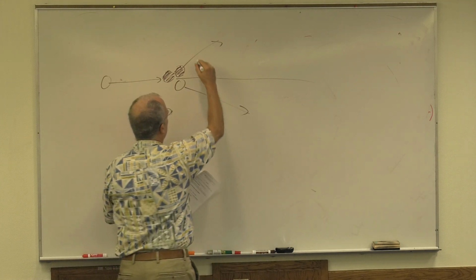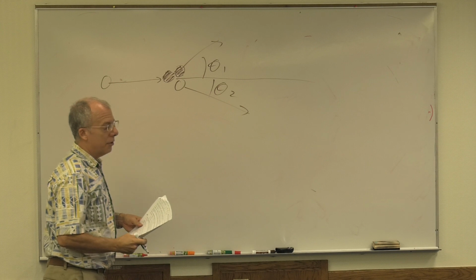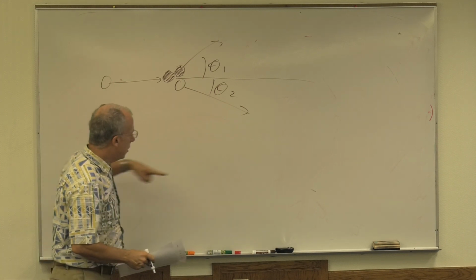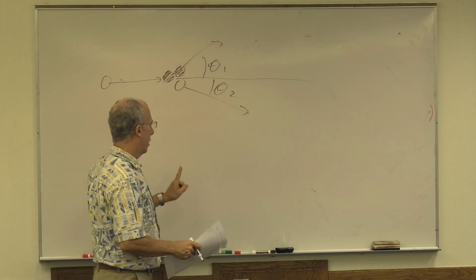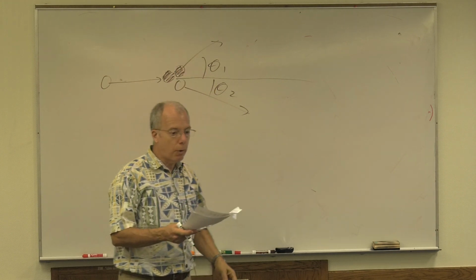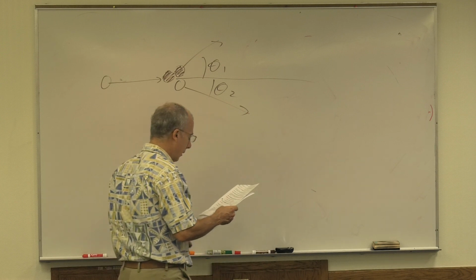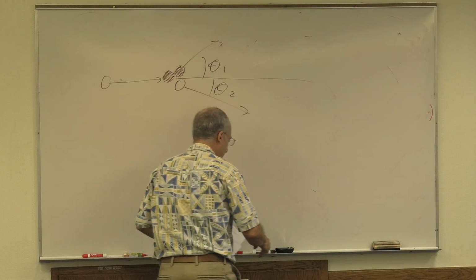And so there's going to be theta 1. So all we're going to do is conserve momentum along this direction, and then conserve momentum along that direction. So it's a little bit like those force problems that we've done. That's all. It's great. So let's do it.